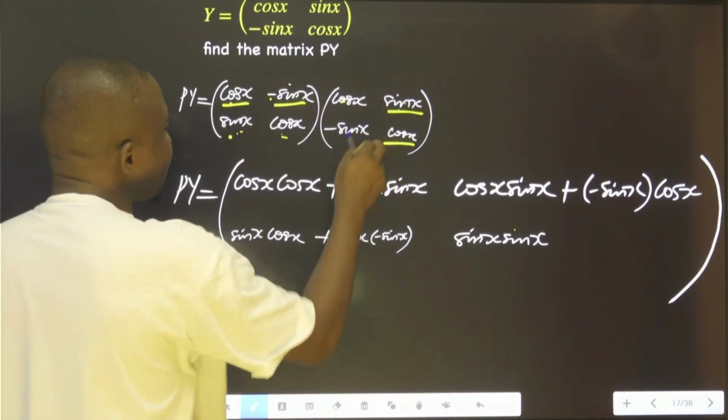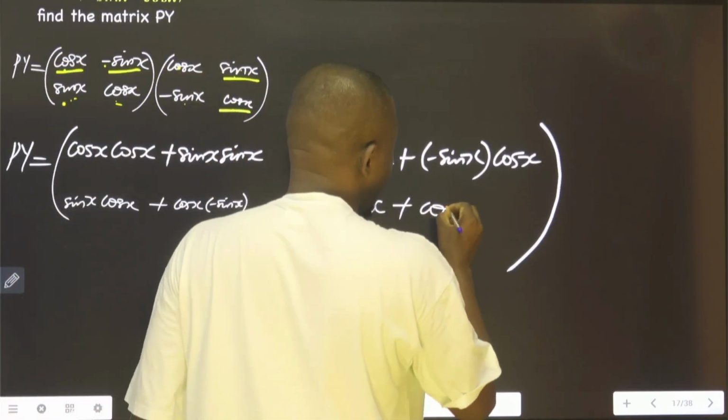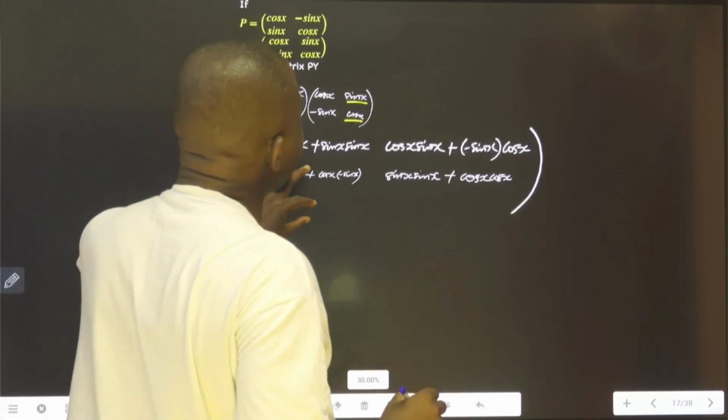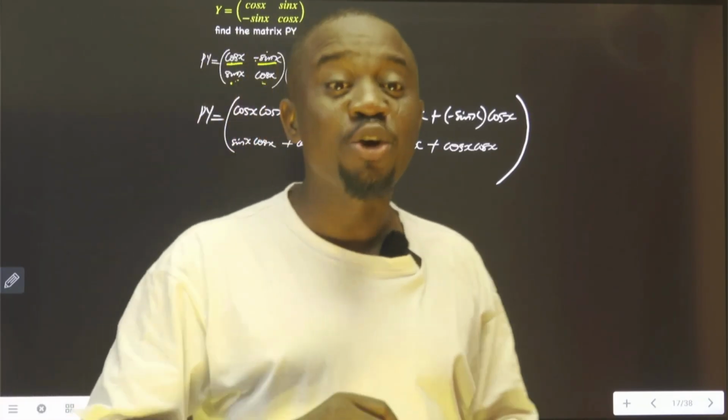Then this and this, that is cos S cos X. Now that you are through with this, what is remaining now is what? It's going to test your knowledge of trigonometry.